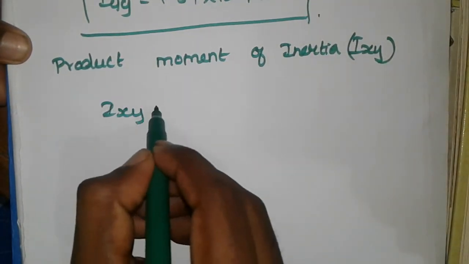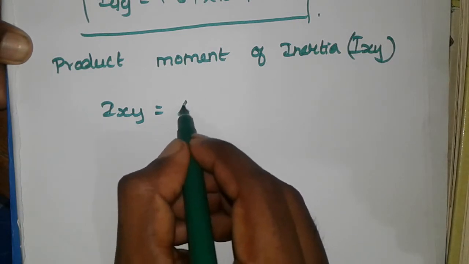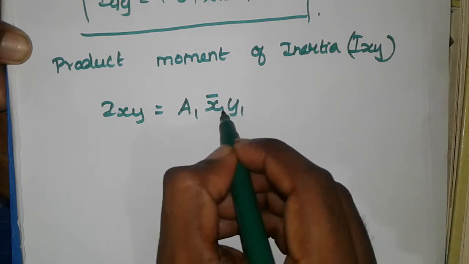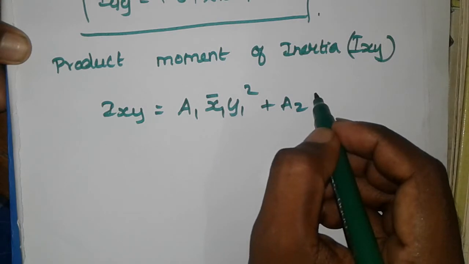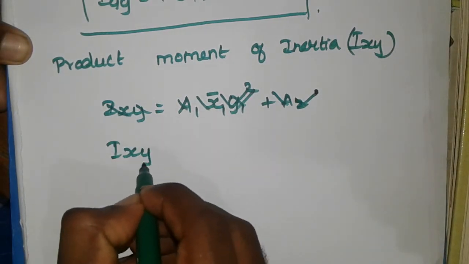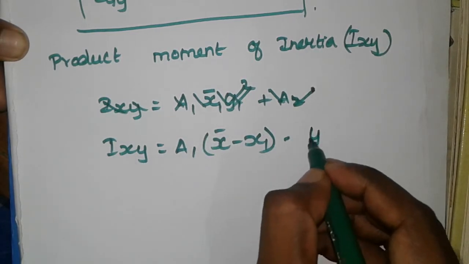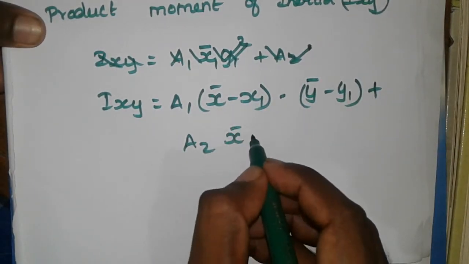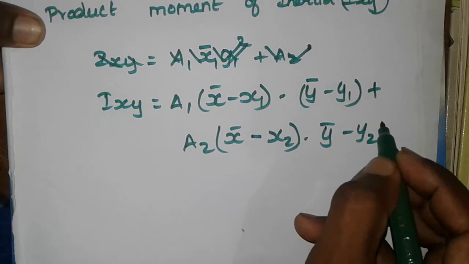Ixy value is given by A1 x bar minus x1 into y bar minus y1 plus A2 into x bar minus x2 into y bar minus y2.